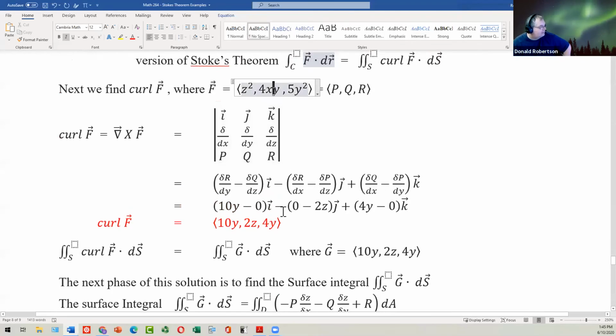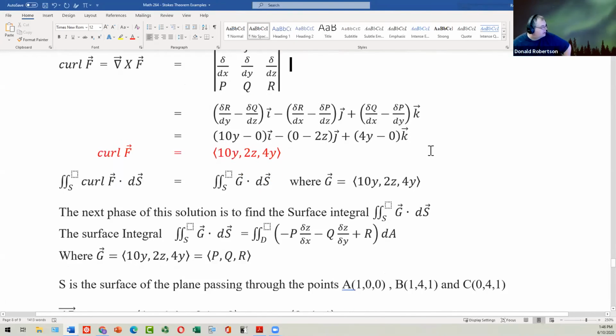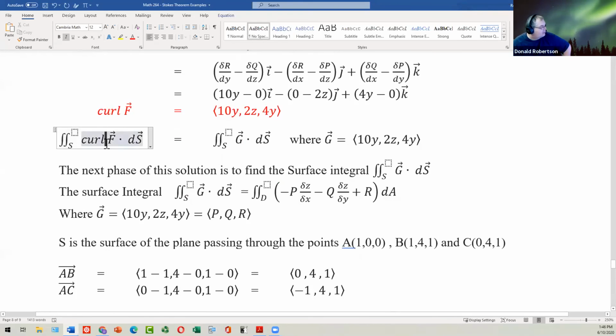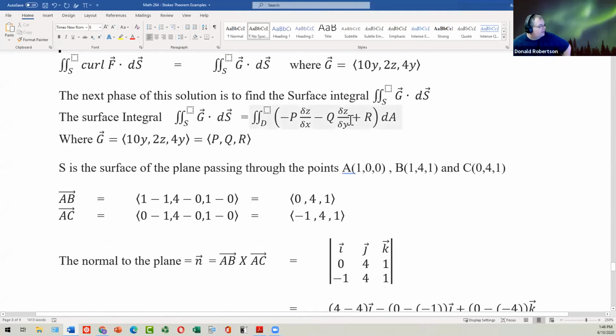Here is F. This is what the curl of F looks like. So we're going to take this surface integral, rewrite it as a surface integral with G, and this guy is our G. Then we take this fella and we turn them into a good old-fashioned double integral, where this will be called P, this will be called Q, and this will be called R. Have you noticed that P, Q, and R are used twice?